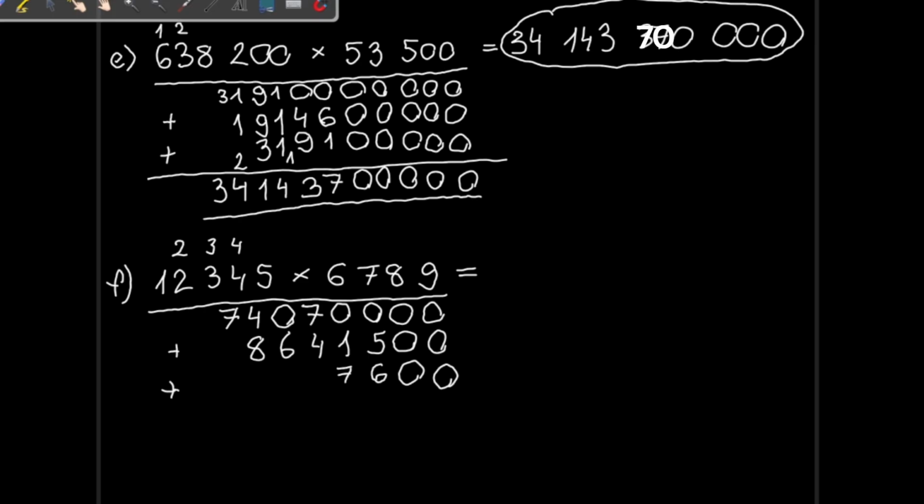That's 27. 8 times 2 is 16 plus 2 is 18. And 8 plus 1 is 9.